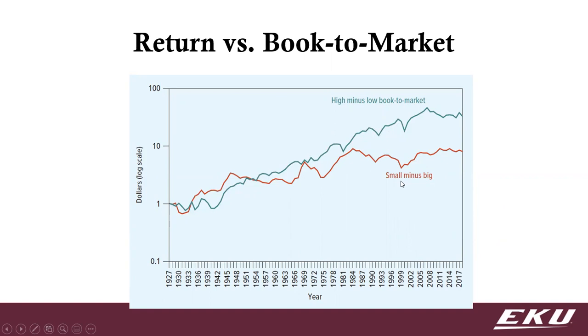And then same thing with market cap, right? So small firms, right, tend to be your big growth firms, right? The startups and that type of thing. And so small minus big, right? When we're saying high minus low for book to market, this is basically the company's value in the market's really close to the value of the assets, right?